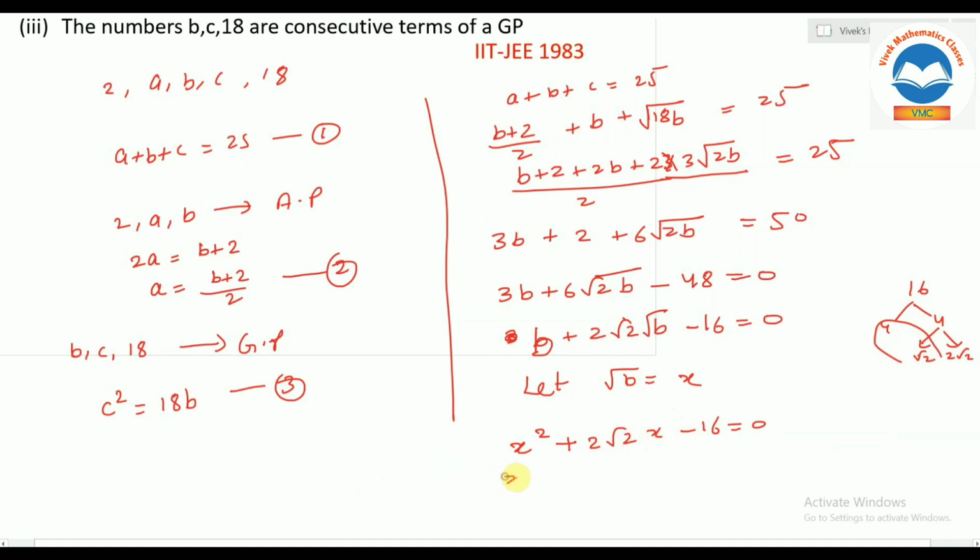So I will write here x square plus 4 root 2x minus 2 root 2x minus 16 will be 0. So if you take x common here, x plus 4 root 2, minus 2 root 2 if you take common, x plus 4 root 2 will be 0.